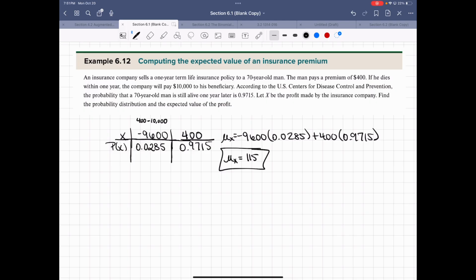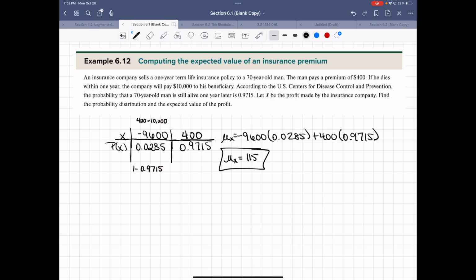So the insurance company has a 97% chance of making $400. And how did I get the 0.0285 for losing $9,600? Subtracted it from 1. Good. This is 1 minus the 0.9715. Okay? Because it's all got to add up to 1.